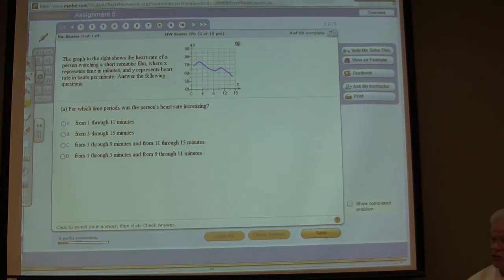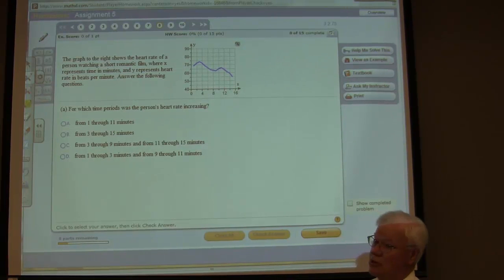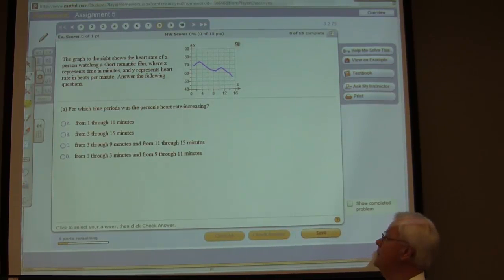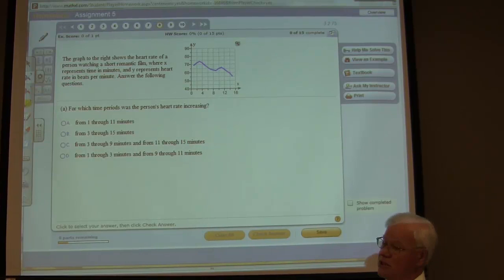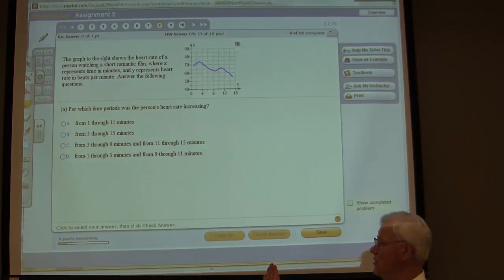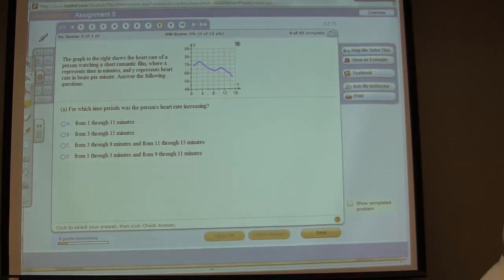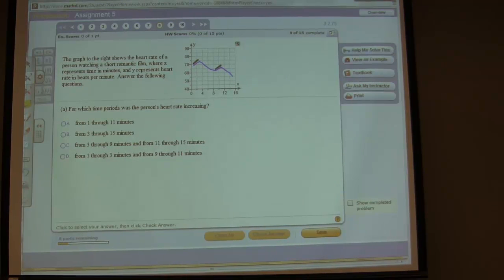What this graph is showing is the heart rate of a person watching a short romantic film, where X represents time in minutes and Y represents heart rate in beats per minute. So I want to answer the following questions. For which time periods was the person's heart rate increasing? Well, on a graph, if you're increasing, you're going up. So we would say that we were increasing in this time area here and in this time area here.